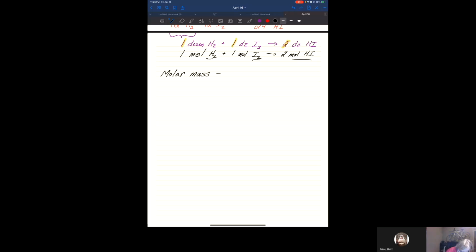Okay, molar mass. It's the mass in grams of 1 mole of a substance.